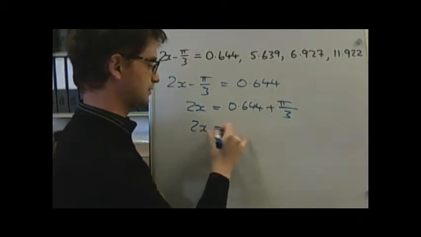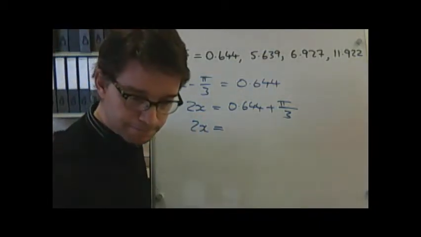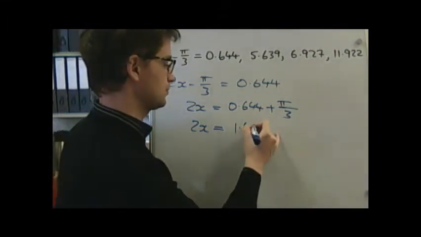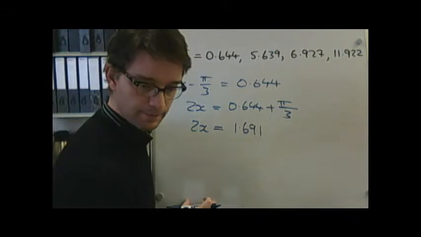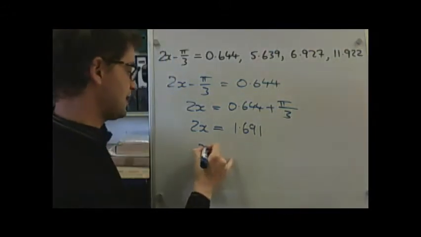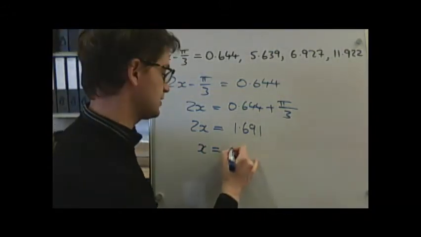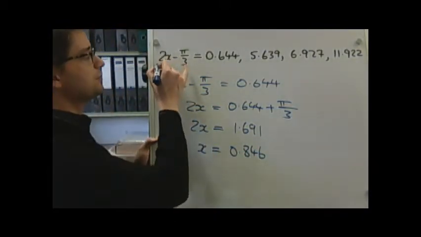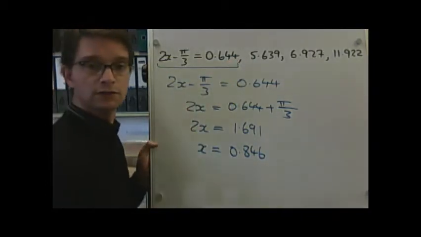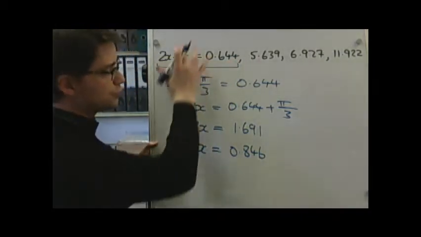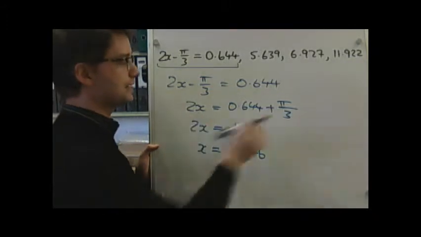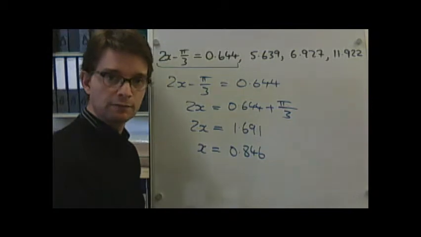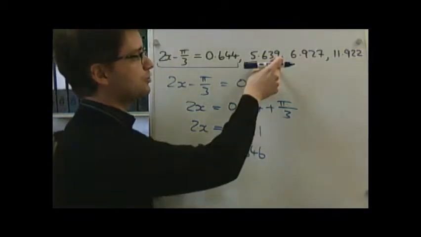So 2x equals 1.691, I think. And then x, I can divide that by 2, and I get 0.846. So I've just taken this first one here. I'm solving the linear equation, add pi by 3, divide by 2, gives me the value for x. My job is now to do that for each one of these.